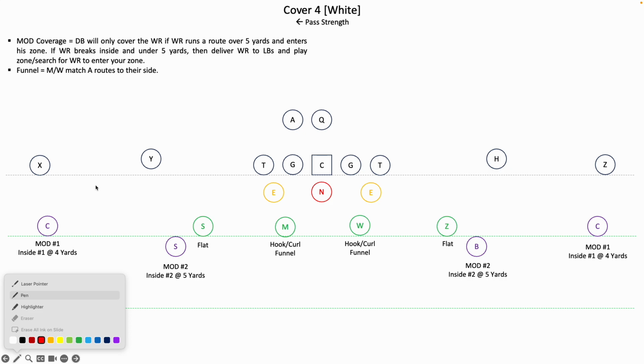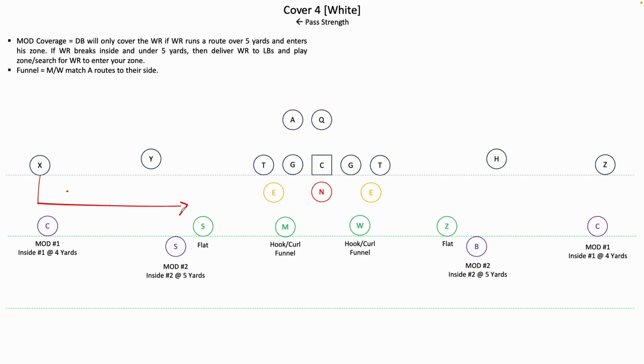Let's look at some sort of wheel route. The X is going to run inside, and the Y is just going to run a wheel route. So how do we defend that? The corner, you're not going to worry about the X because the X never crossed 5 yards.